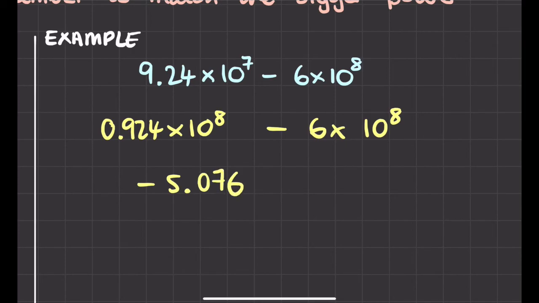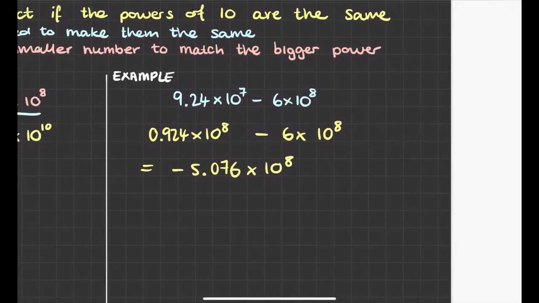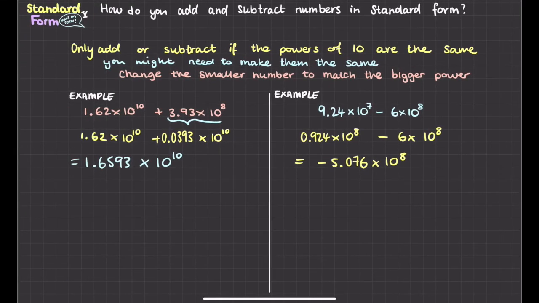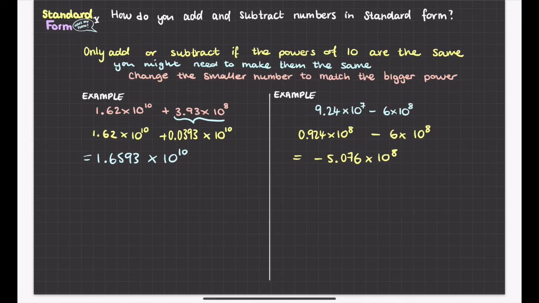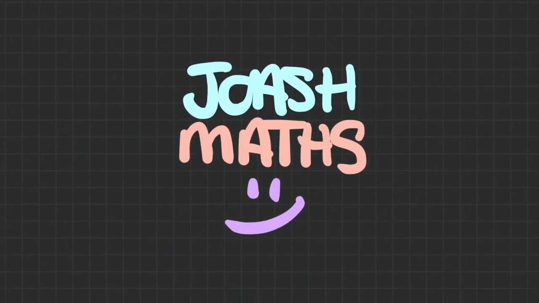Okay, and that's multiplied by 10 to the power of 8. Okay, so that's your second example of subtraction. Okay, always change the smaller number to match the bigger number. Okay, and that's how you do addition and subtraction in standard form.